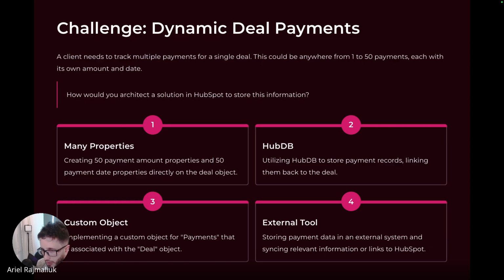It's the same custom object, but 25 different instances associated to that deal. So now you have the association, and each instance of the custom object can have only 2 properties: payment date and payment amount, and then it's all relations. That's it. So yes, you can also do custom object. Will I prefer HubDB? Probably in most cases, but in some cases you can't.